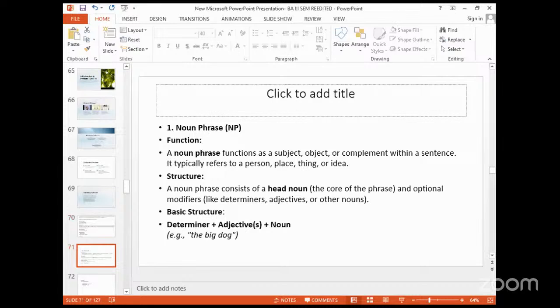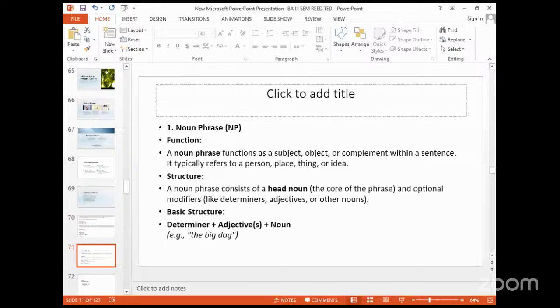Right. Now let us quickly look into the noun phrase, its function, and its basic structure. What is its function? It functions as a subject, at times as an object, or a complement within a sentence, and it typically refers to a person, place, thing, or idea.